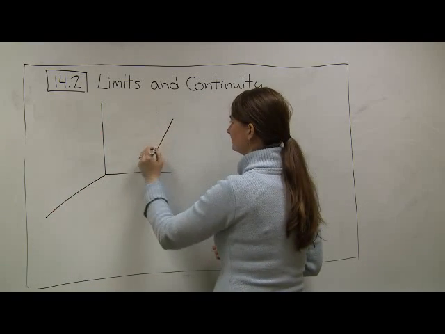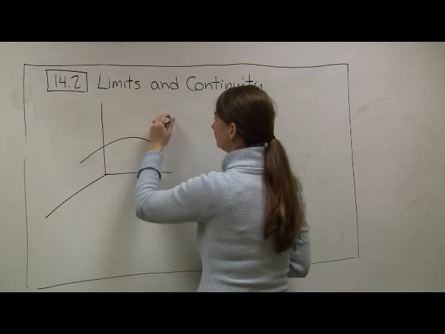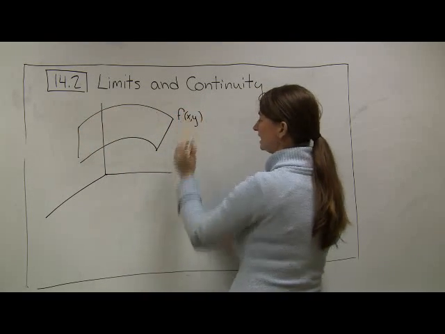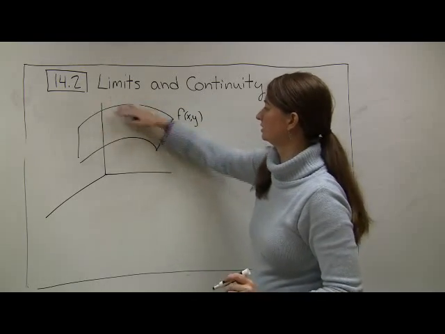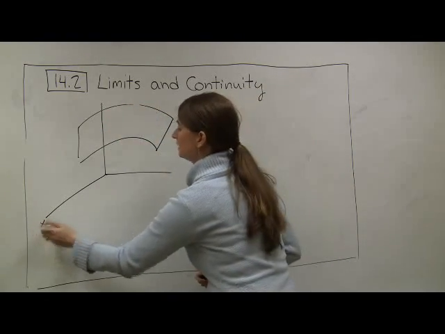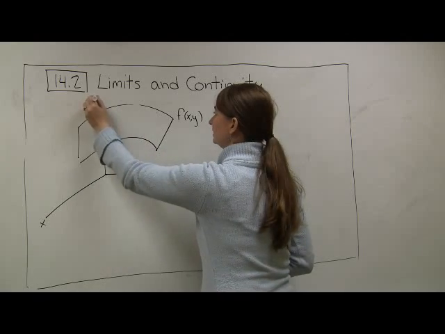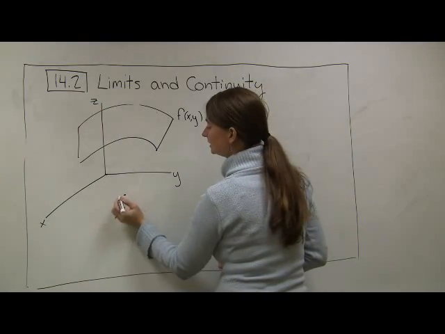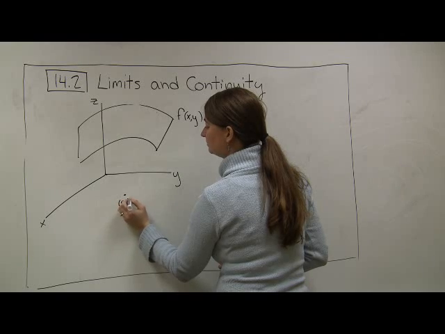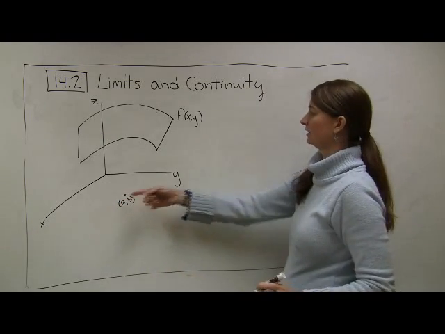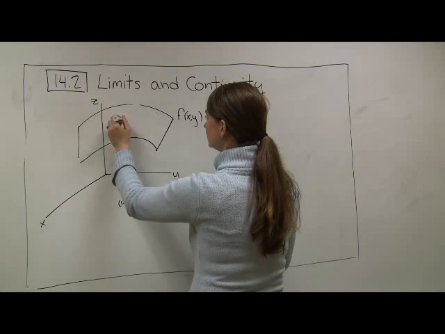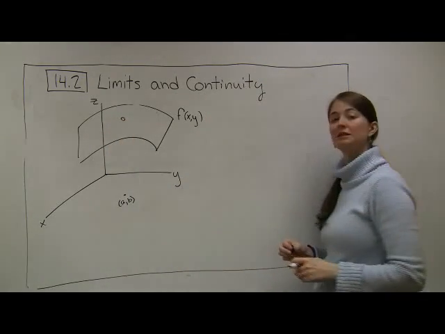Let's say that I have some function f of x, y, and it's going to look like some sheet out here in three-dimensional space. Here's my x, here's my y, here's my z. And at some point a, b, out here in 3 space, I want to know, does this limit exist?